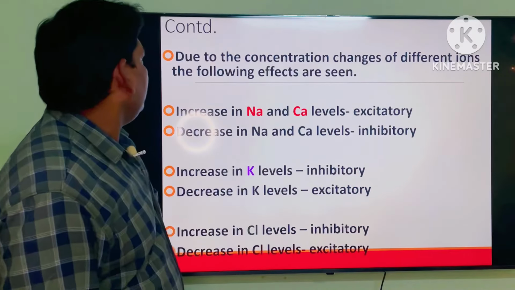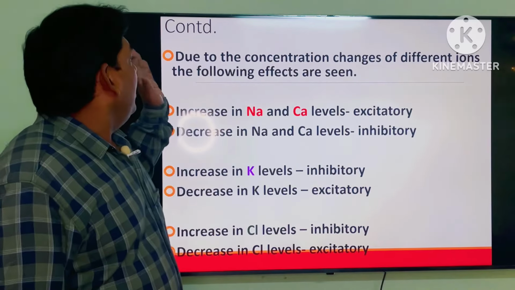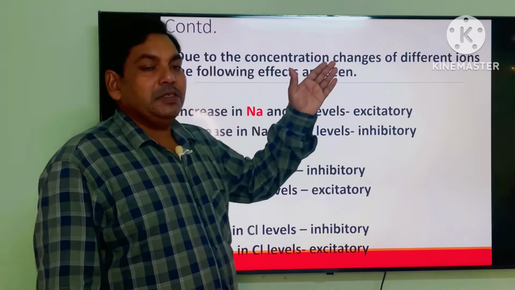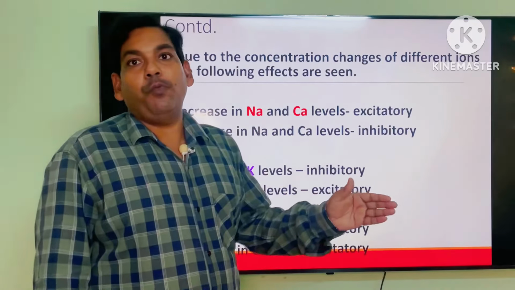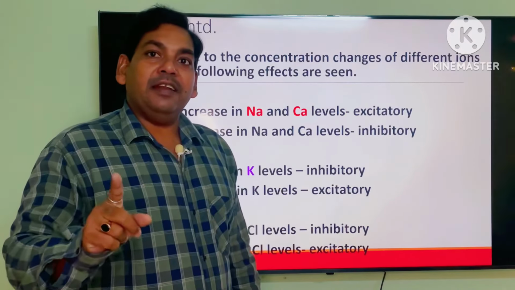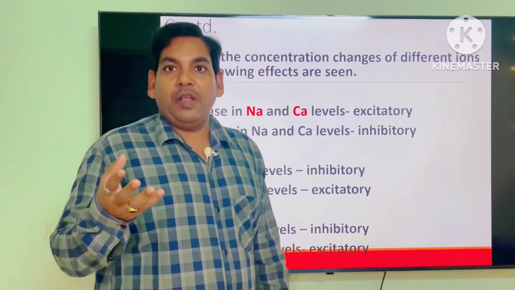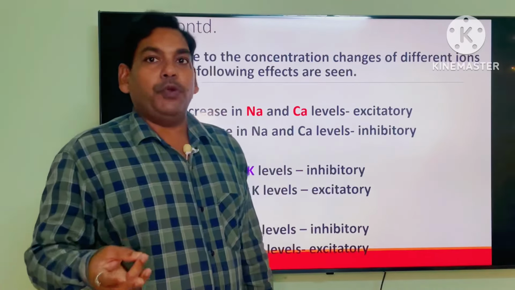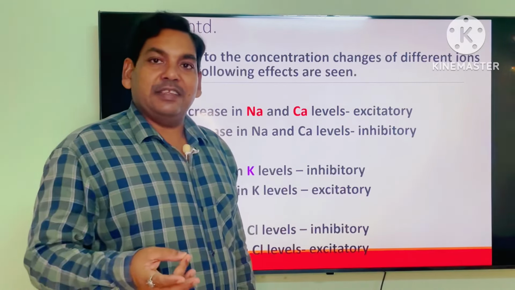Next, what is the effect of the concentration of ions in your body? In ligand gated ion channels, there are four or five types of ions: sodium, potassium, calcium, and chloride.